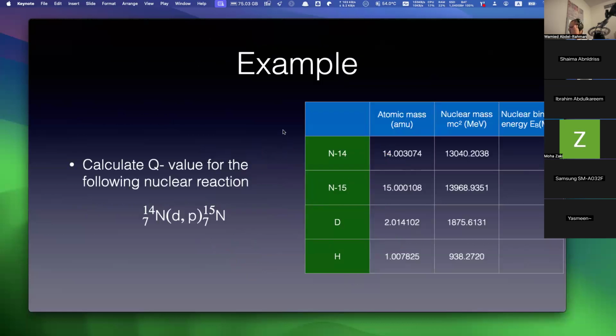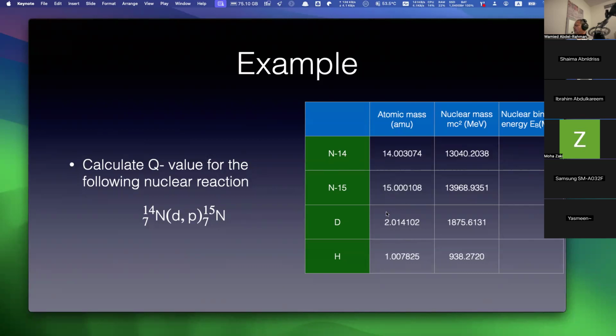So here is an example. We want to calculate the Q value for the following nuclear reaction. We presented this as an example of a nuclear reaction where a deuterium particle strikes a nitrogen-14 nucleus, and then a proton and a nitrogen-15 nucleus are produced.